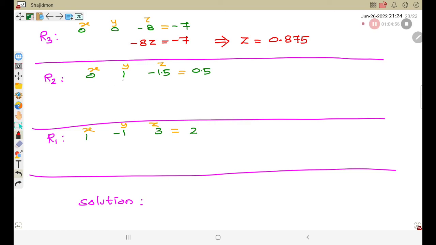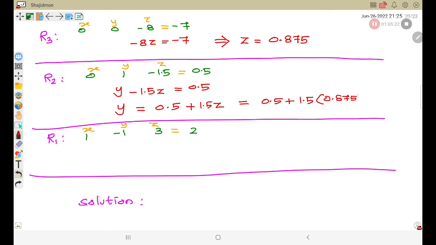Now second equation, 0 multiply x 0, 1 multiply y, minus 1.5 multiply z equal to 0.5. So from this y equals 0.5 plus 1.5z, taking it to the next side. So 0.5 plus 1.5 multiply, what is the z number? 0.875.